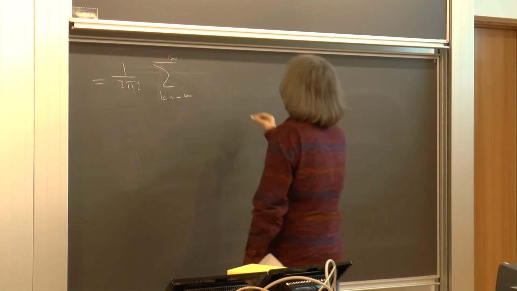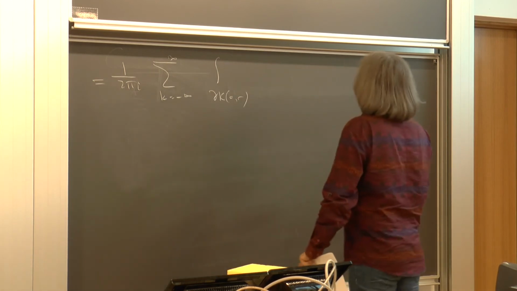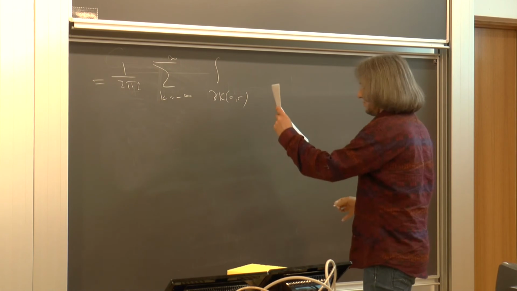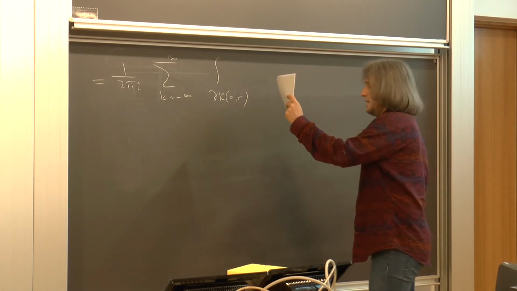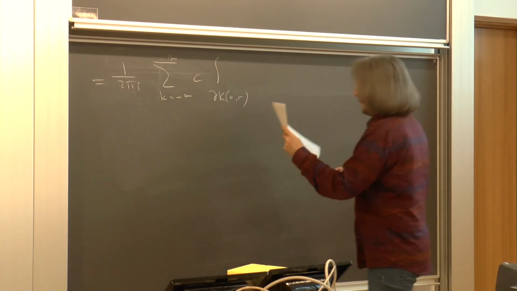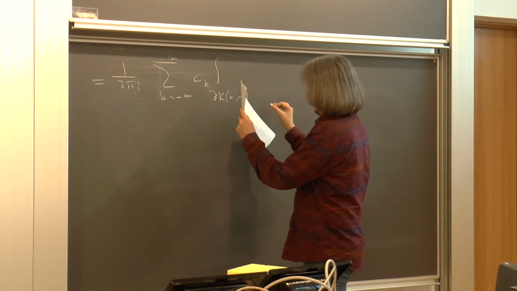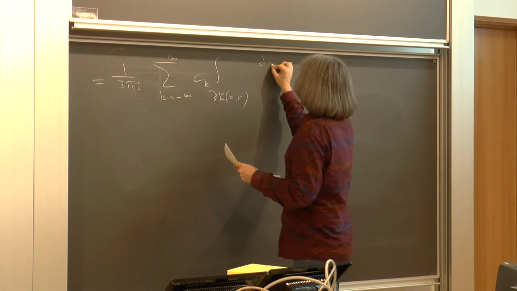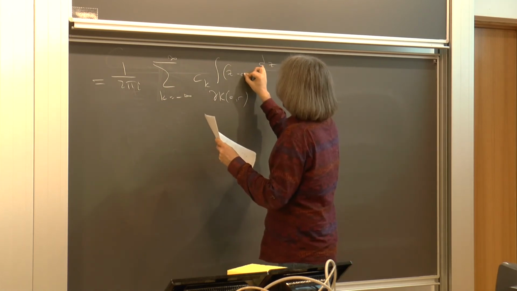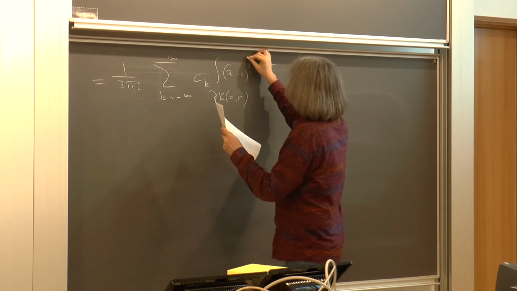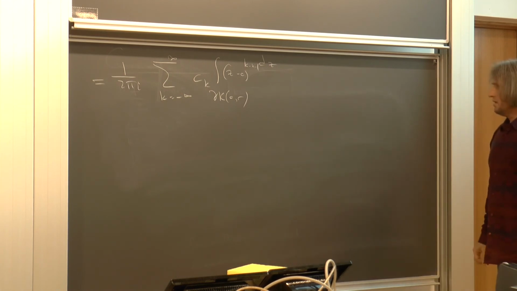And now the integral over dk of a R of ck, which stands here, and here we have dz times z minus a to the k minus n minus 1.